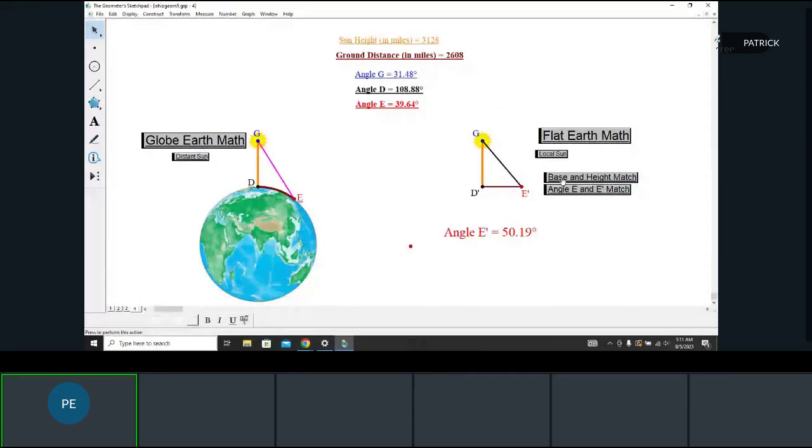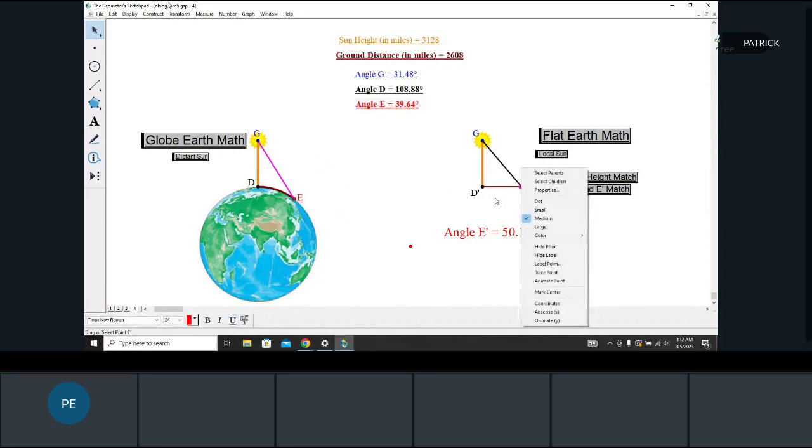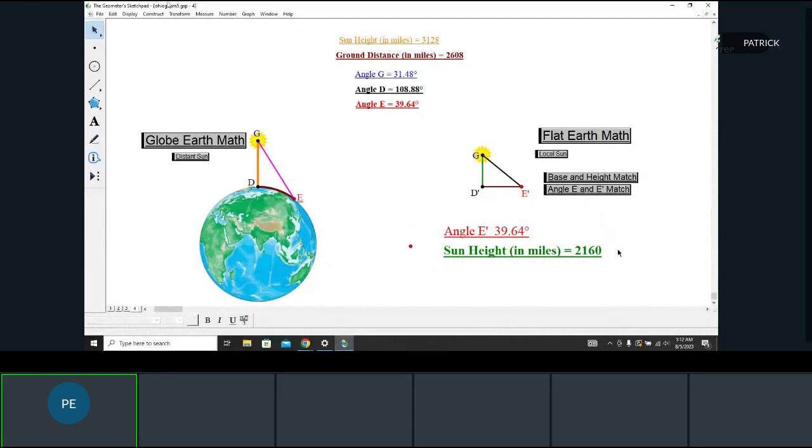Again, this is the prettier model, but it's unrealistic as a comparison because on the curved Earth, if that were a thing, you would measure 39 degrees at this point here. So to make it match up, we need to go to that model right there.